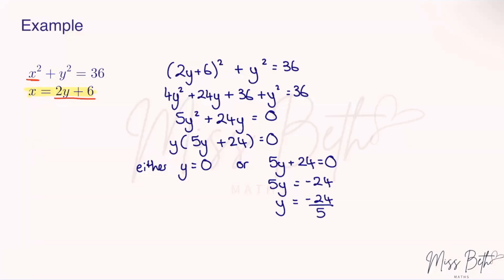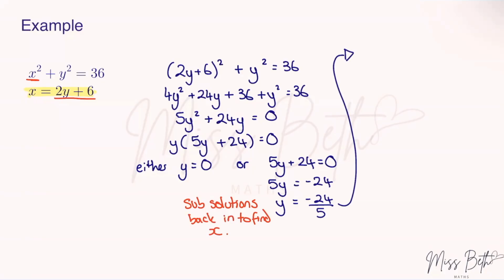Okay, we've not finished there. You need to sub these solutions back in to find our x solutions. Okay, so using that second equation, x is equal to 2 lots of 0 plus 6.